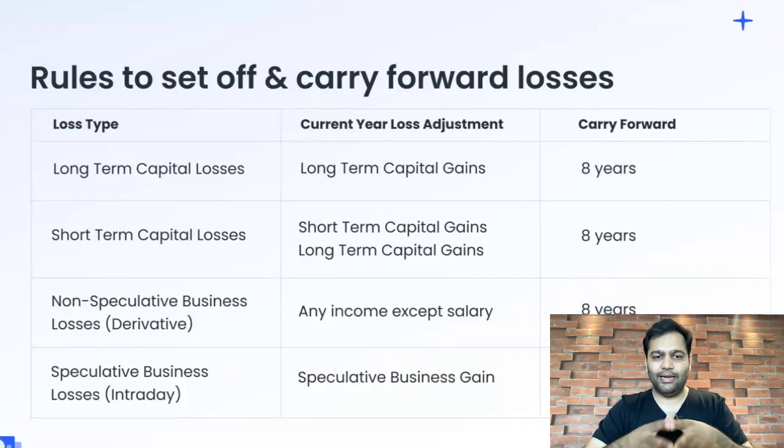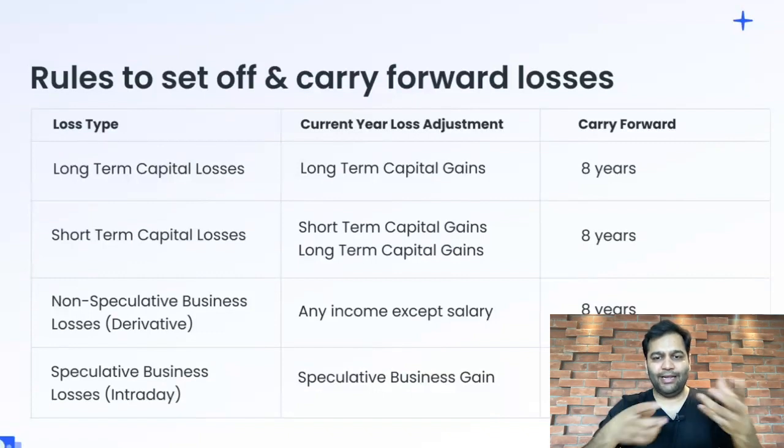Now, intraday and derivatives, right? We talked about them. They are taxed as business profession income at slab rate. You can set off intraday only against other intraday gains. However, when it comes to derivatives, you can set them off against any income except salary. Now, why can't you set them off against salary?